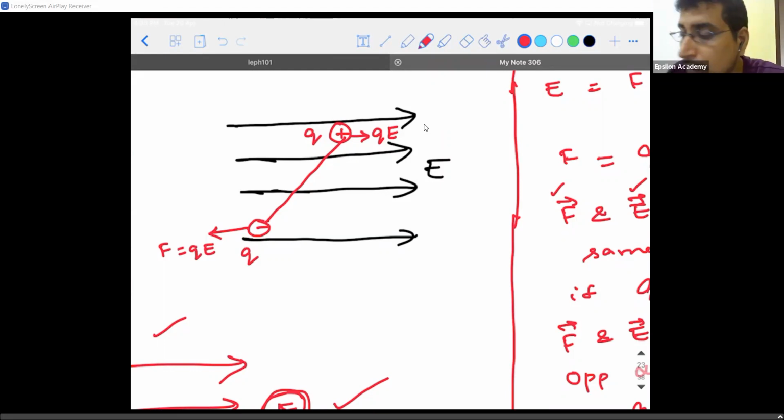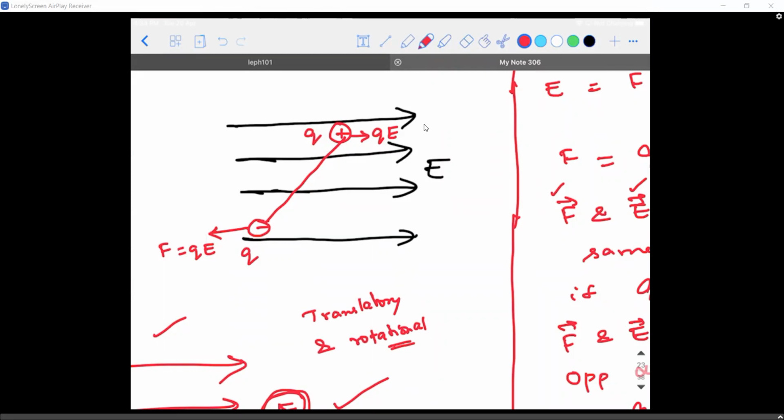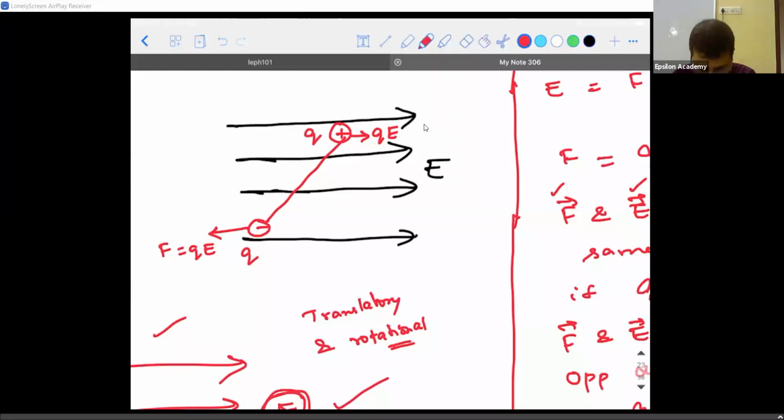Okay. Now, there are two kinds of important motion we are going to discuss. What are they? Translatory and rotational. Correct? So now we need to answer the question. When will you speak about translatory motion? When will you speak about rotational motion?